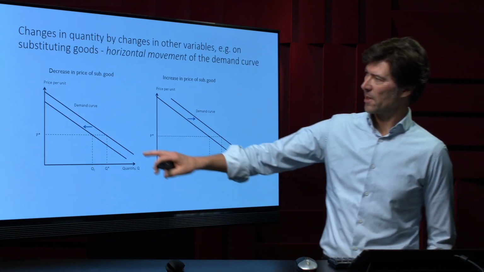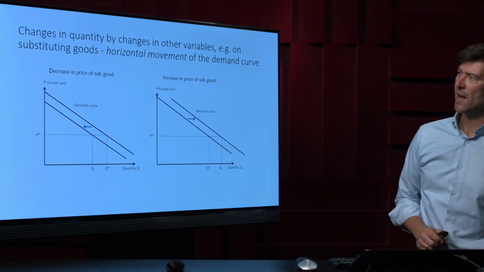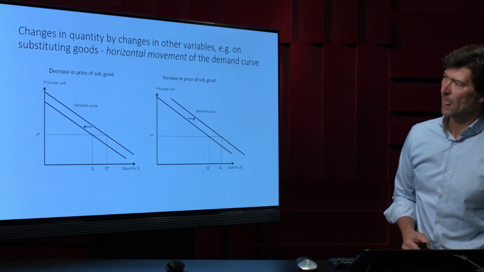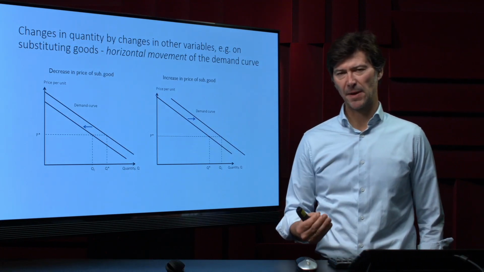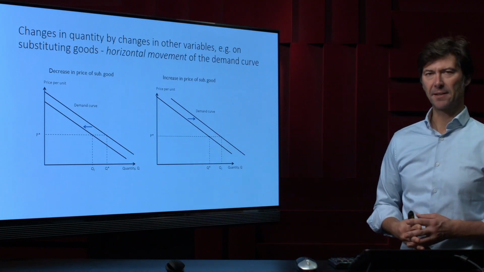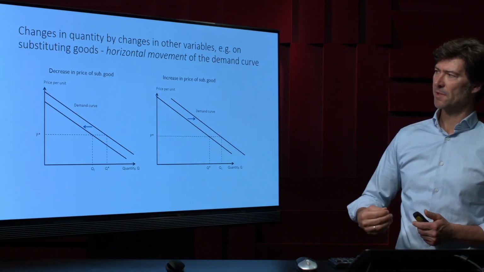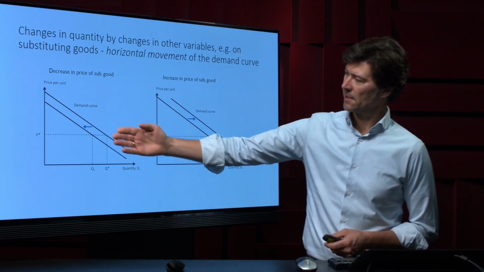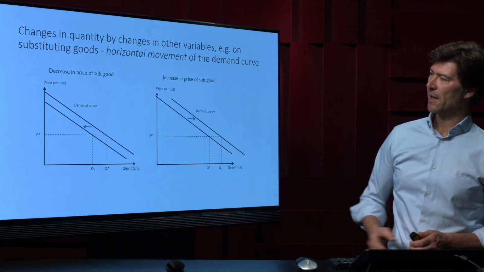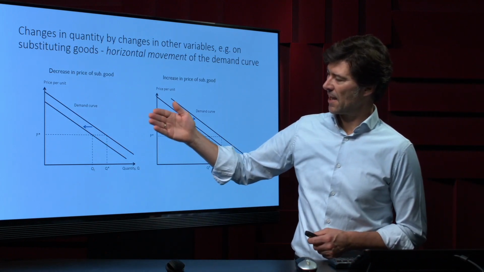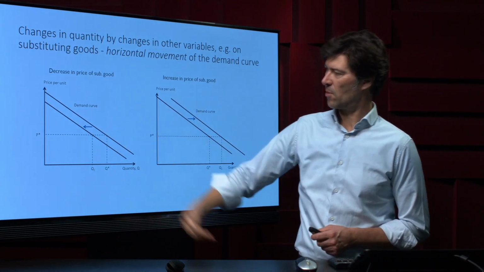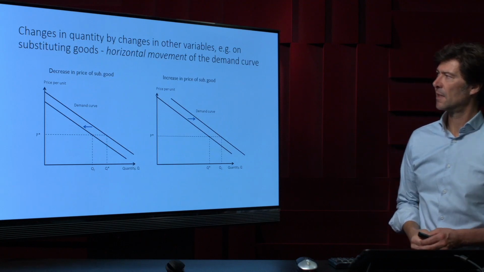In this situation, we have a decrease in the price of a substituting good, meaning that we can expect an increase in demand of the substituting good, and for that reason, the demand for this good will decrease. And this is illustrated by a leftward shift of the demand curve.